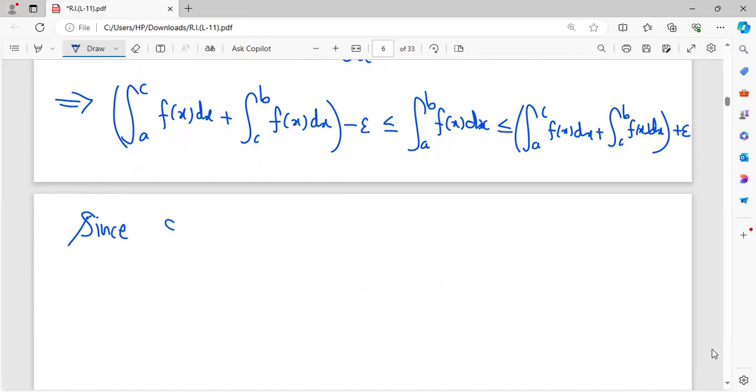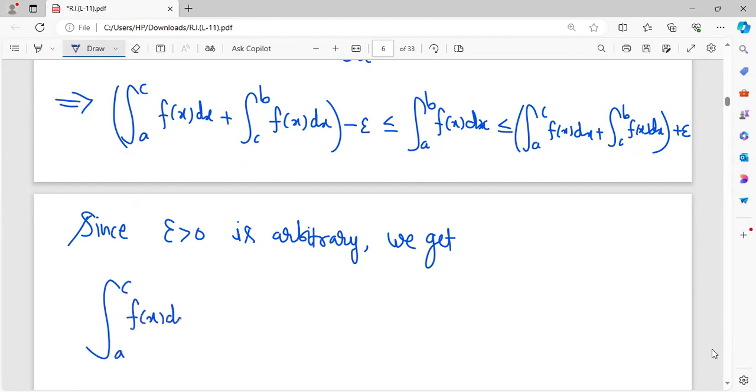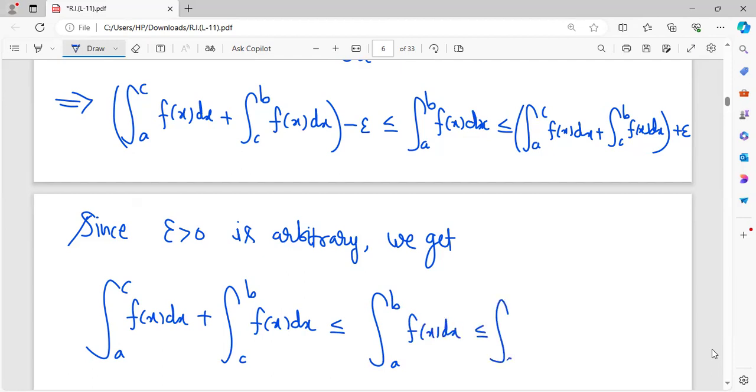Since epsilon greater than 0 is arbitrary, we get that the integral from a to c of f(x) dx plus the integral from c to b of f(x) dx is less than or equal to the integral from a to b of f(x) dx, which is less than or equal to the integral from a to c plus the integral from c to b.